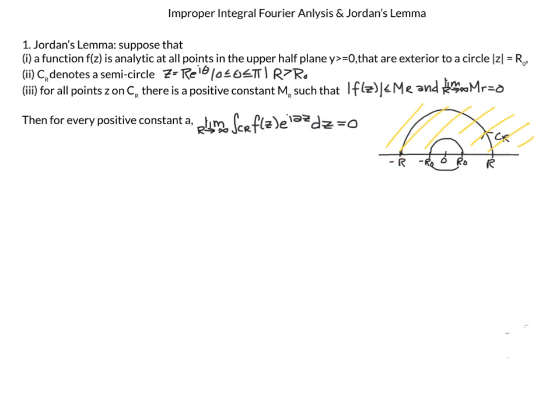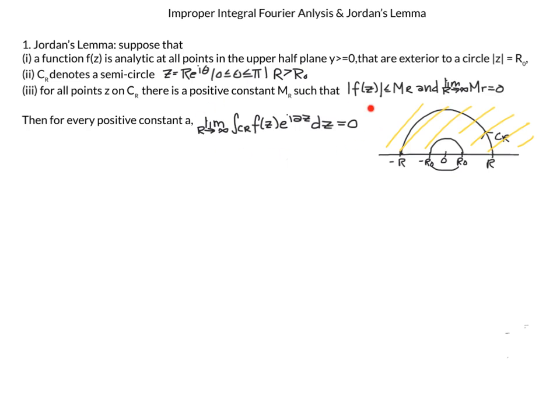So the maximum value of the function will be bounded by this maximum, which approaches 0 as R goes to infinity. Then what we conclude is that for every positive constant a, the limit as R approaches infinity of the integral over C sub R of f of z times e to the iaz is equal to 0.